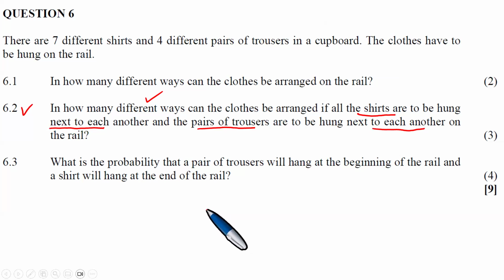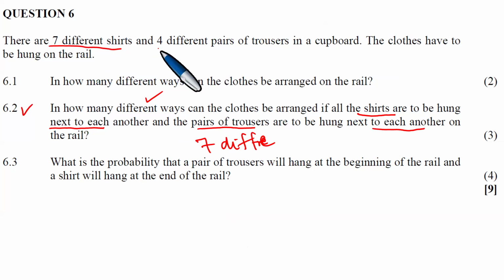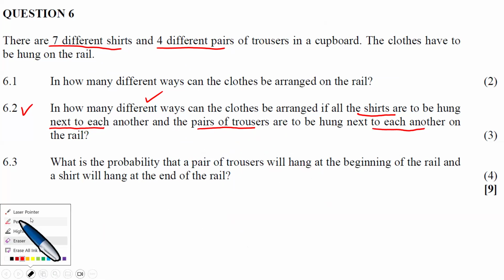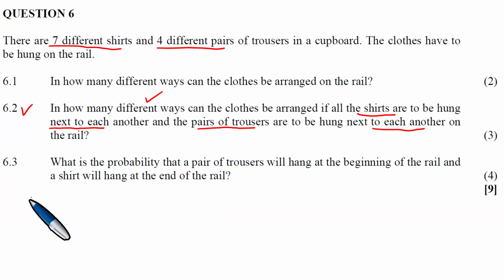So if we put the shirts together, we have 7 different shirts, but also 4 different pairs of trousers. What this translates to is the following. The number of ways, 6.2.